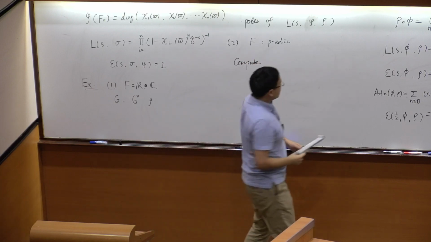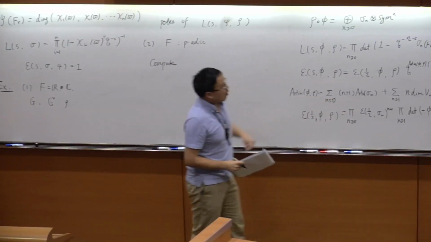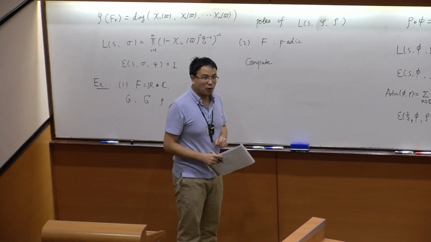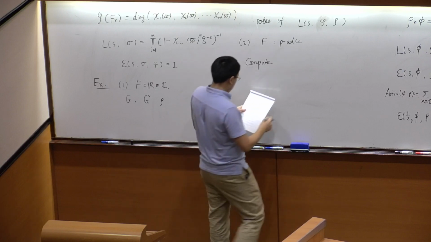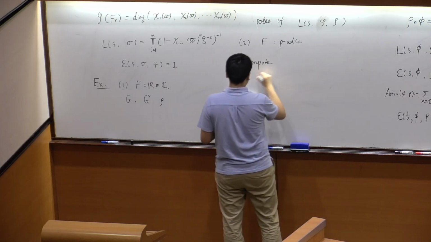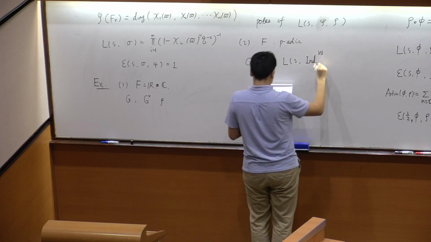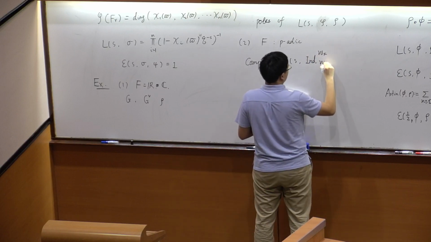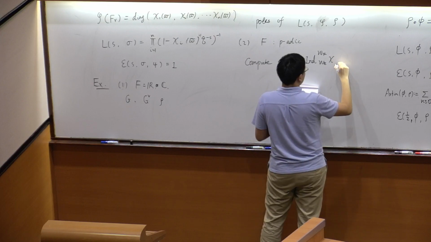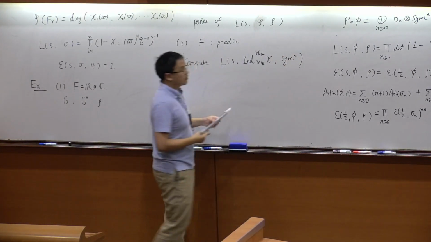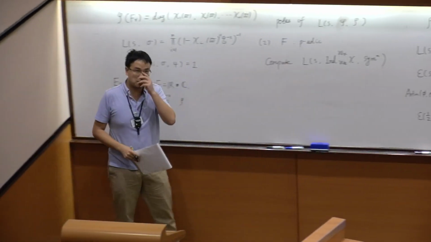And in this case, we know the L function will be just trivial, but I'm going to change the rho. Okay. I'm going to change the rho to the symmetric nth power.